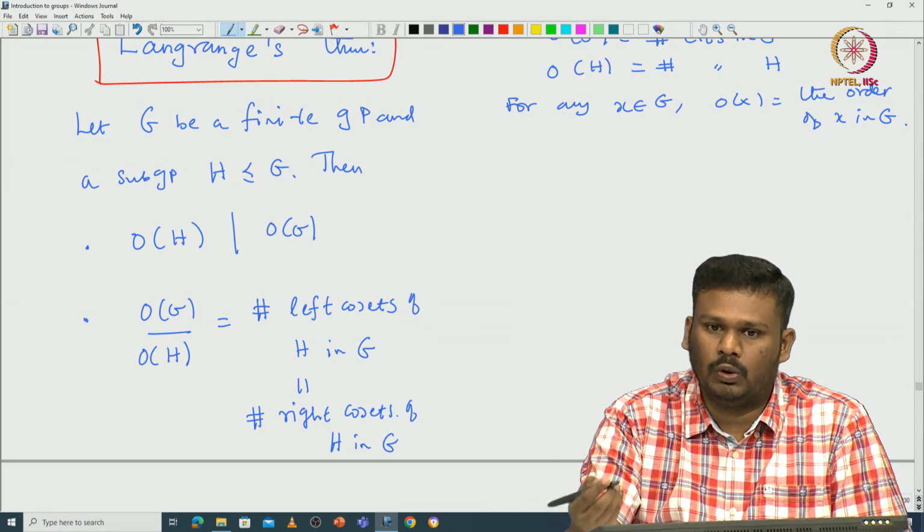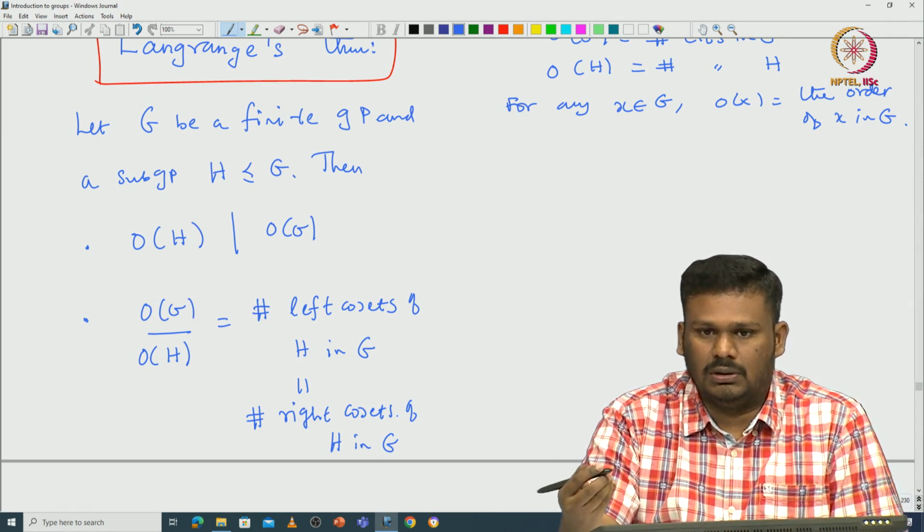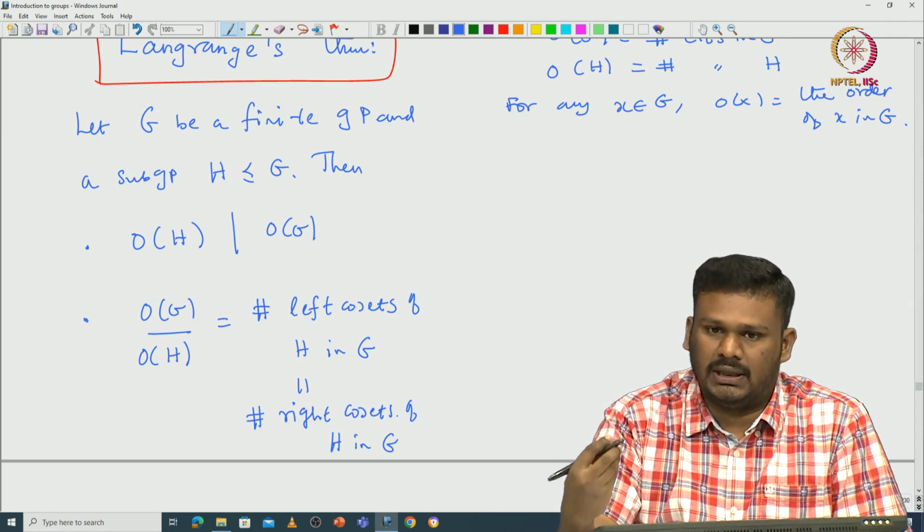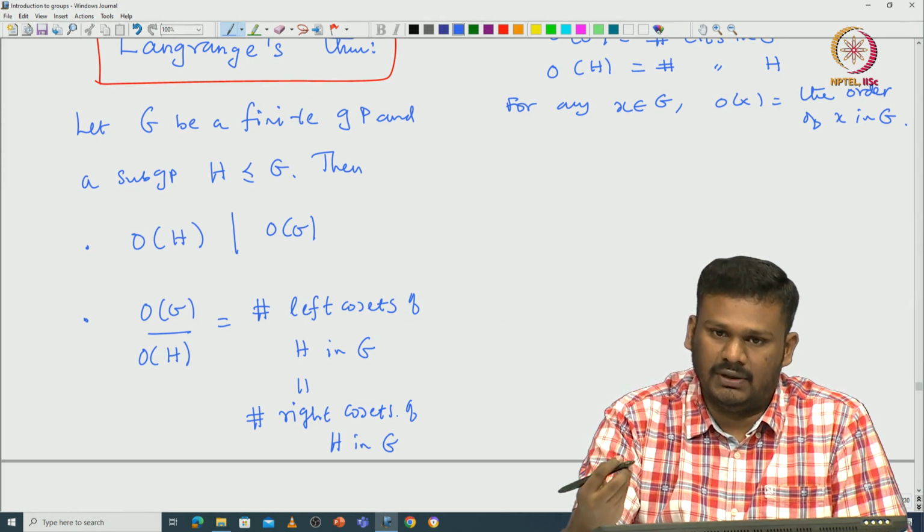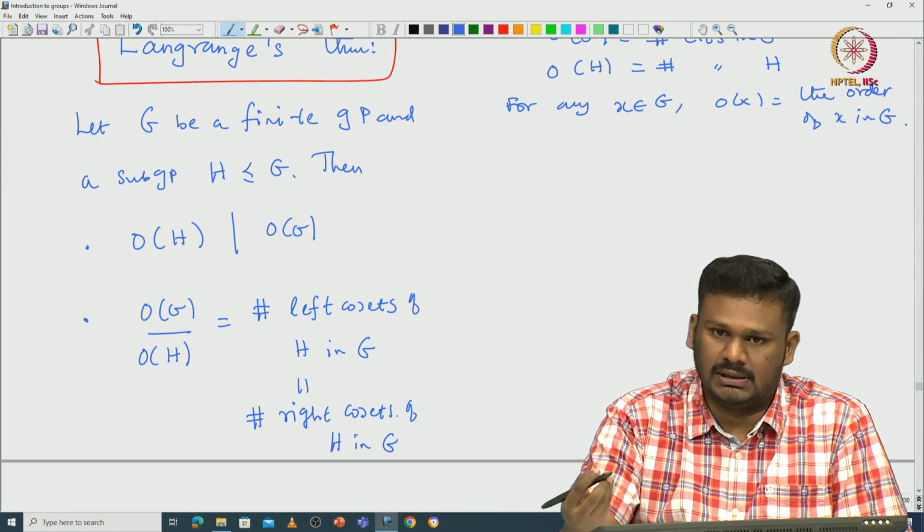Then the subgroups of that group G which has order 8 cannot have, for example, order 3, because the order of H must divide the order of G.